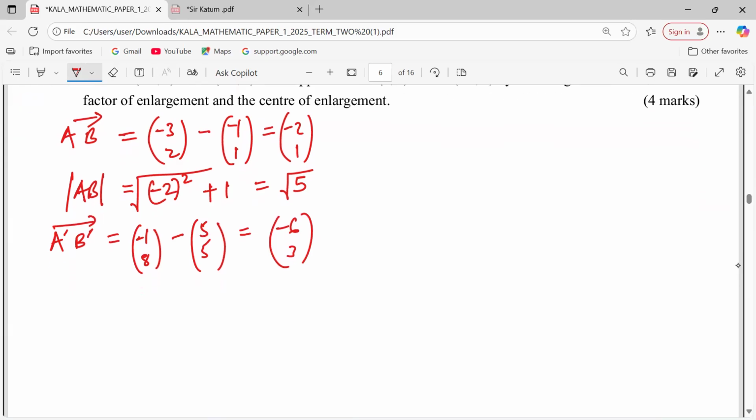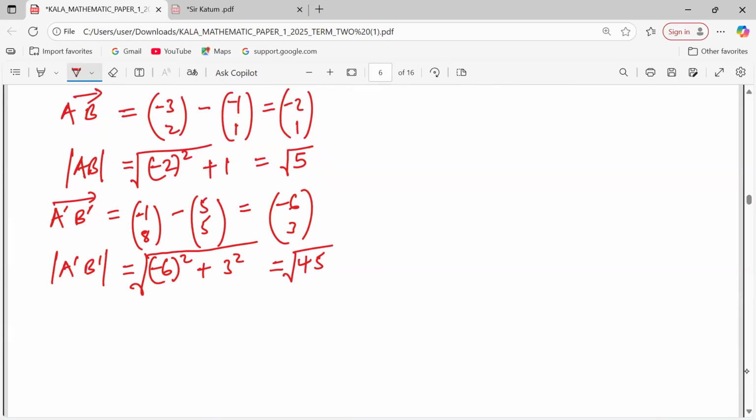With this now, we can get the magnitude of vector A prime B prime. -6 squared, plus 3 squared, then we take the square root. 36 plus 9 gives us 45. Square root of 45.